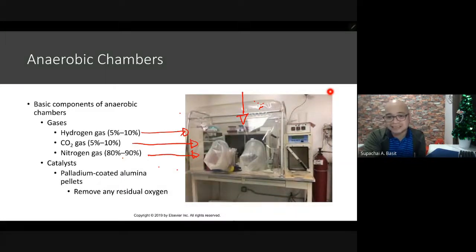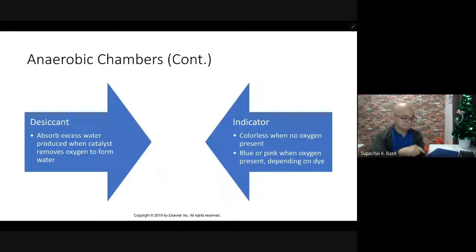That's the name of the catalyst. Okay? What is the purpose of the catalyst? It enhances the reduction of oxygen. So, the anaerobic chamber needs a desiccant. We need to remove excess water. Why?